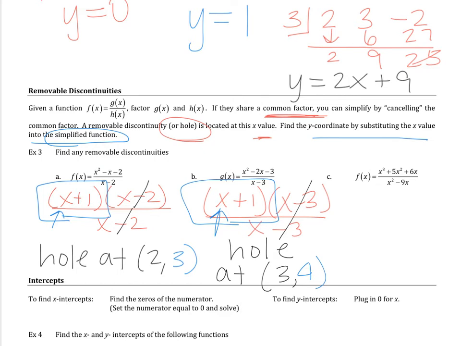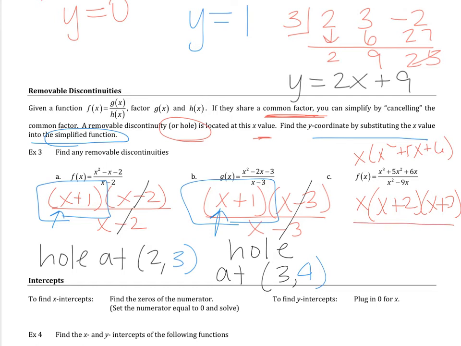And then finally, for part C, my numerator, I can first factor an x out, and then I'm left with x squared plus 5x plus 6, which factors into x plus 2 times x plus 3.